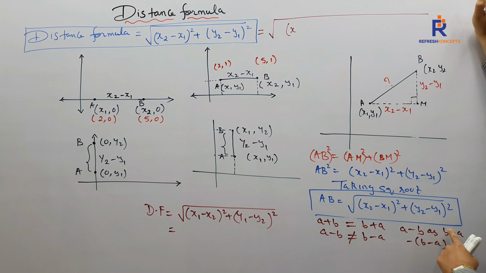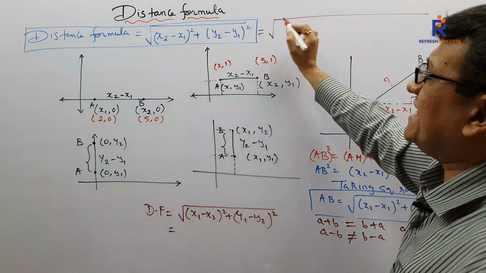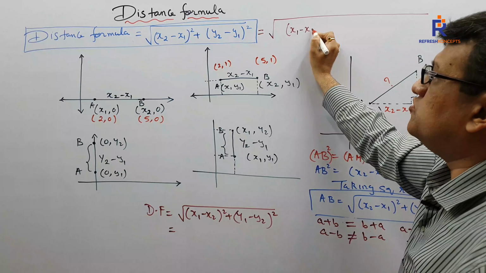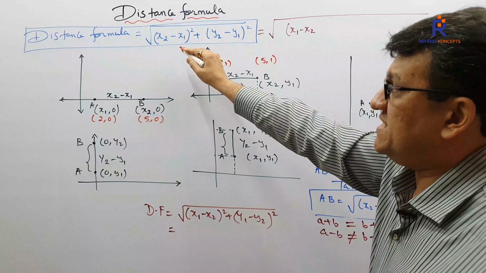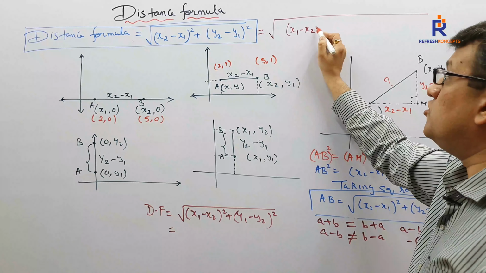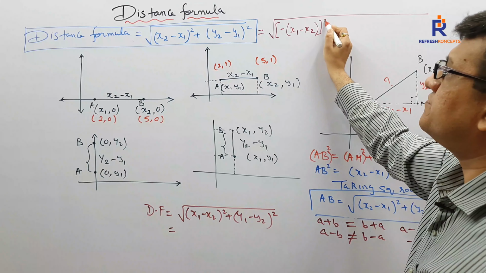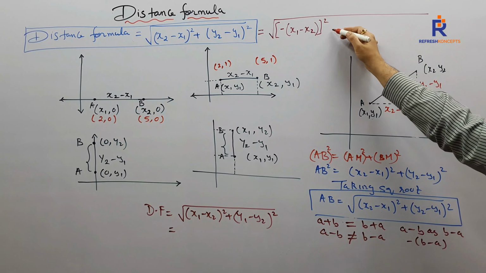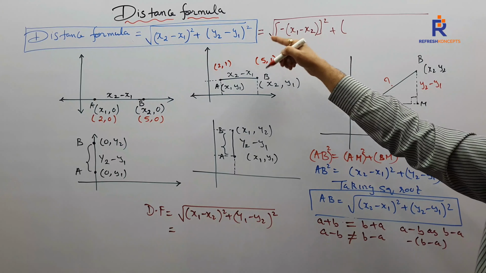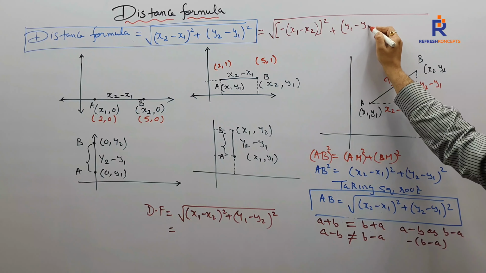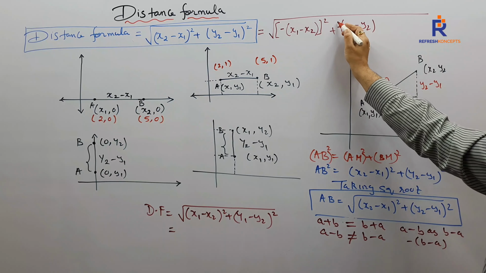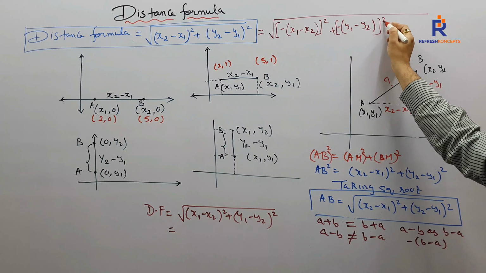A minus b can be written as b minus a, but with a minus sign outside. So x2 minus x1 can be written as x1 minus x2, but with a minus sign outside. No problem. Likewise, y2 minus y1 can be written as y1 minus y2, but with a minus sign outside. No problem. Don't you think so?